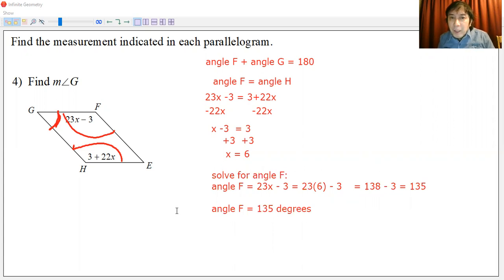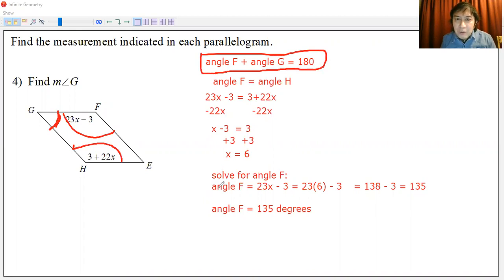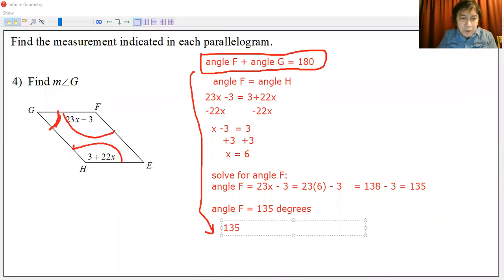Now angle G, from this equation over here: angle F plus angle G equals 180. That means we have this equation: 135 plus angle G must be equal to 180.